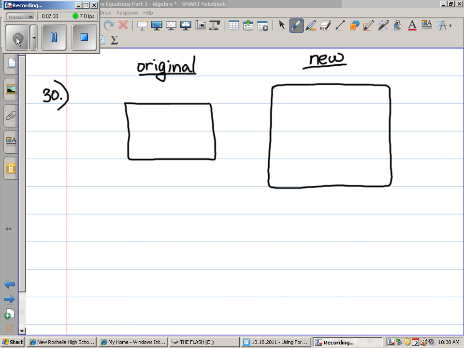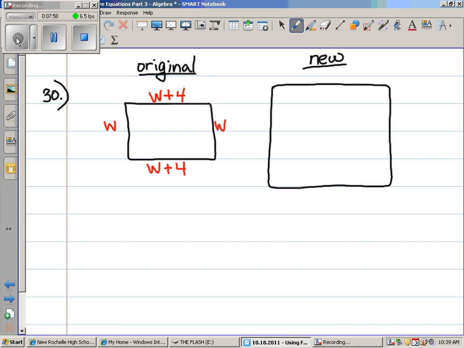The length of a rectangle exceeds its width by 4 feet. Yeah, the length. So here's our original rectangle, right? Our original rectangle has some kind of width. And then how much bigger is the length? 4 feet. It's the width plus 4 more feet. That's how much its length is.